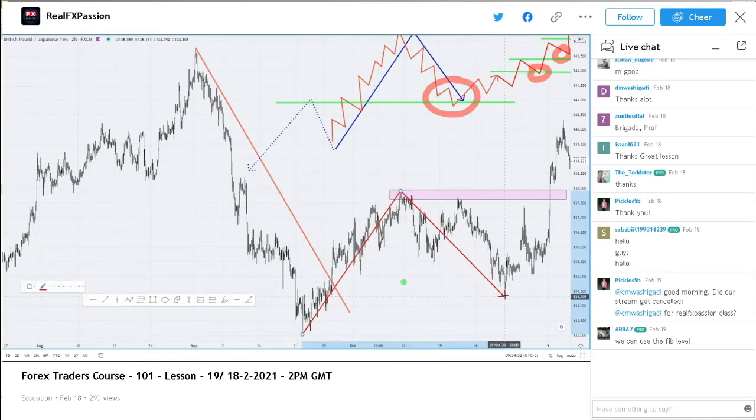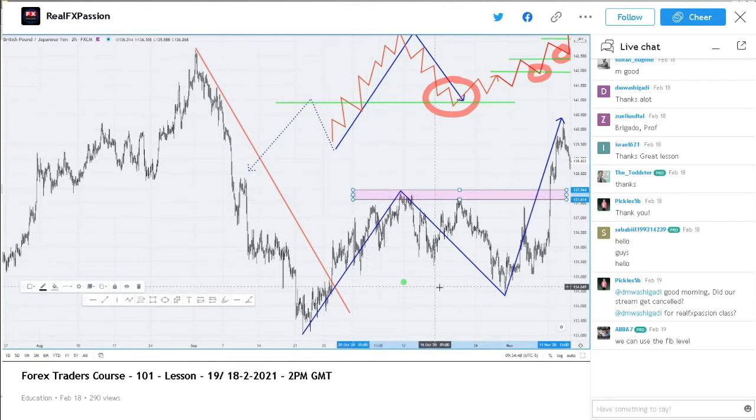Extension, retracement, extension. Let's color code this in blue. Now the market is going to retrace most likely, right? Because we're talking about probabilities, most likely that's where the market is going to react, or where the market is going to end.